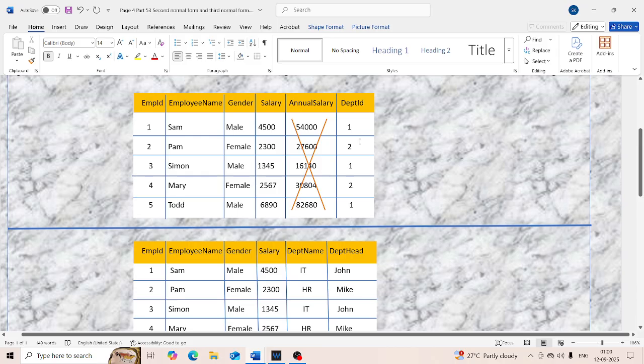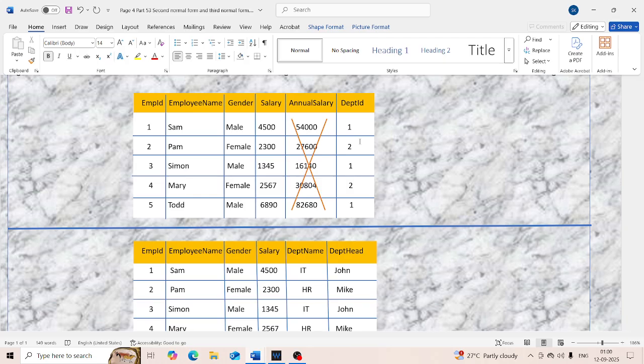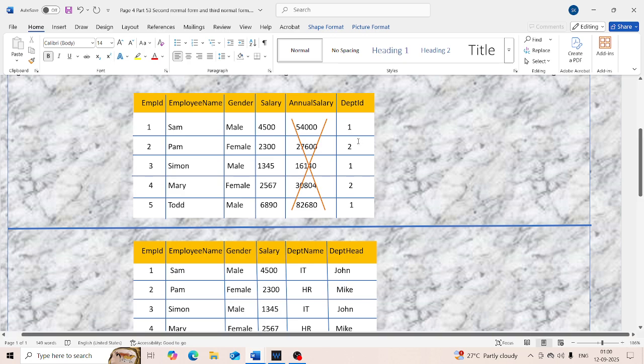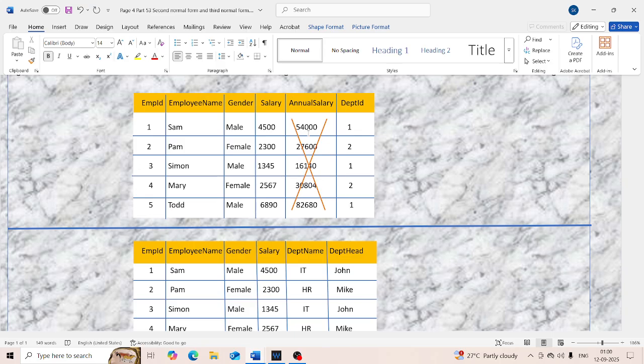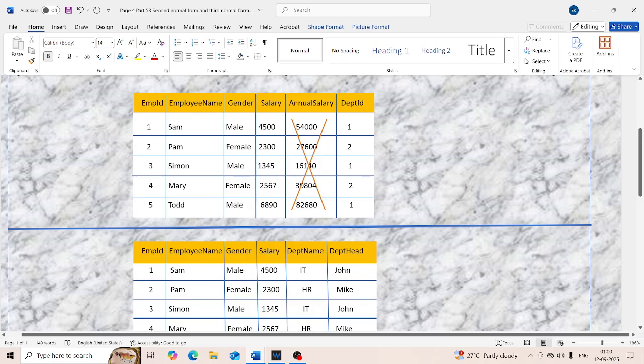Now except annual salary, all the other columns are fully dependent on the primary key.